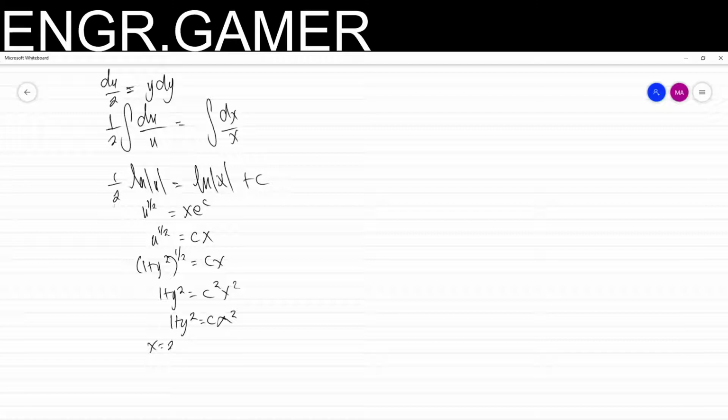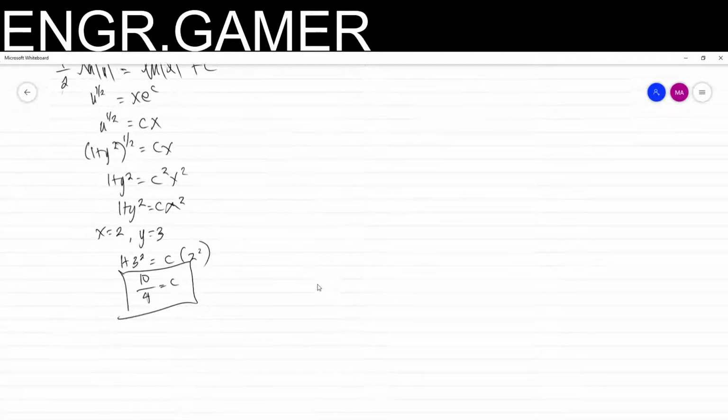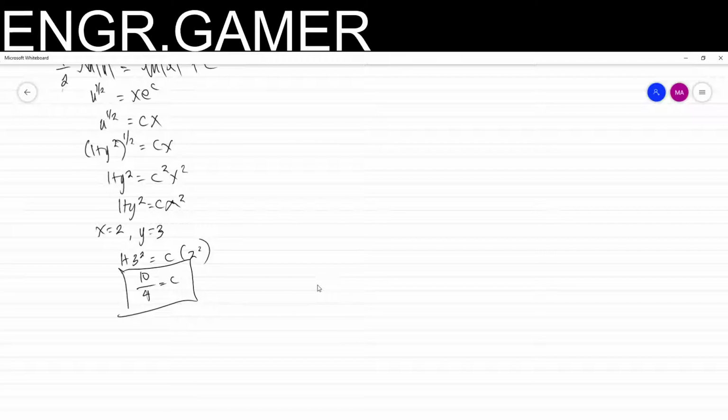When x is equal to 2, y is equal to 3. We have 1 plus 3 squared is equal to c times 2 squared. So this is 10 over 4 is equal to c. So yung c natin is 10 over 4 or 5 over 2. Okay? So lagay natin siya sa taas, yung equation natin.